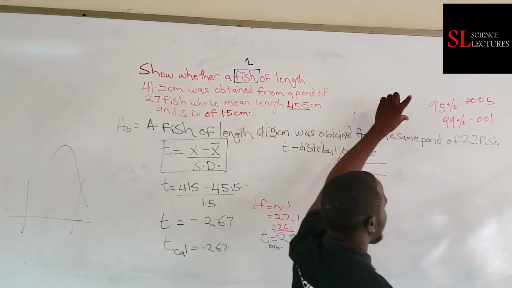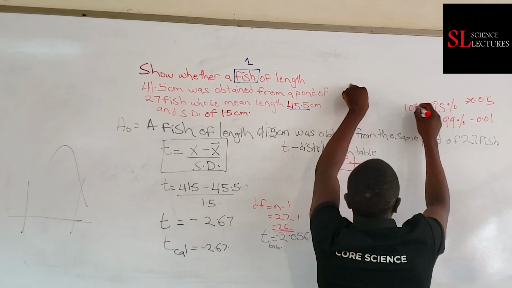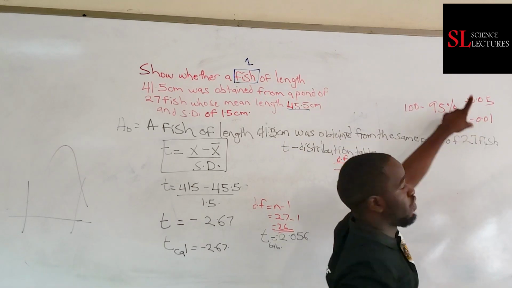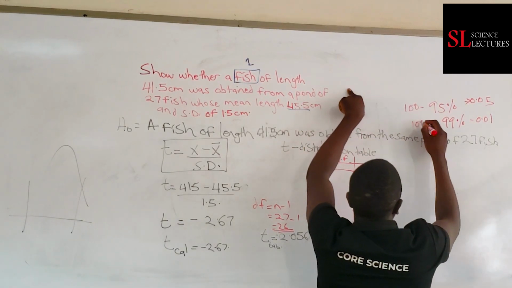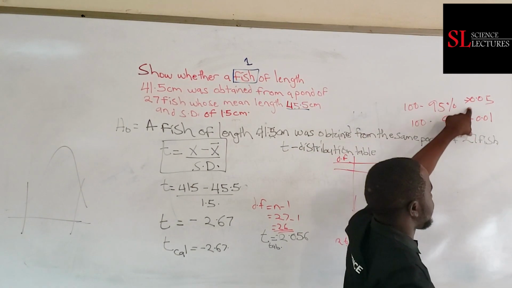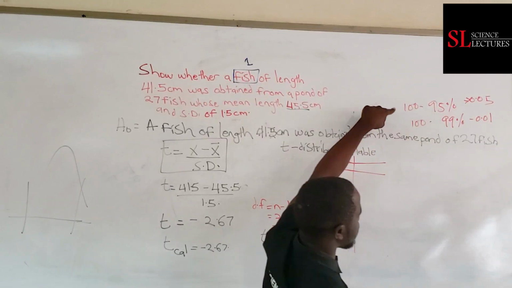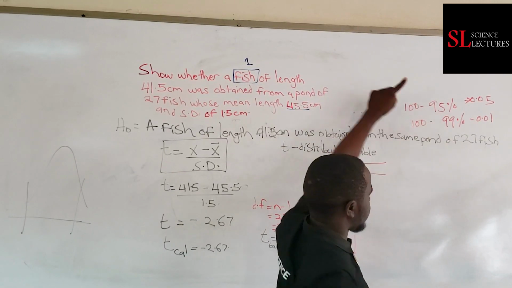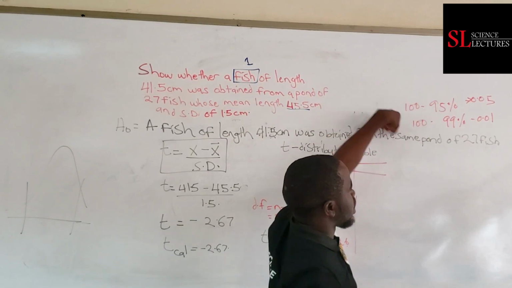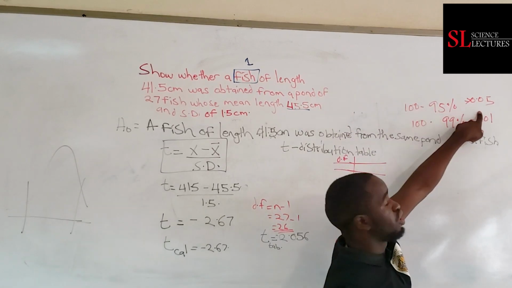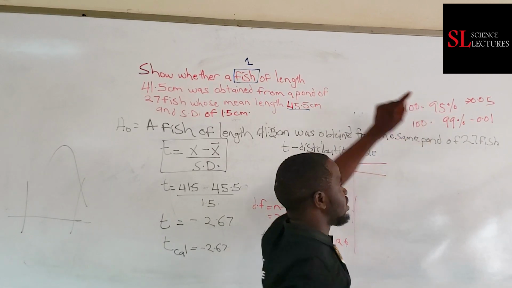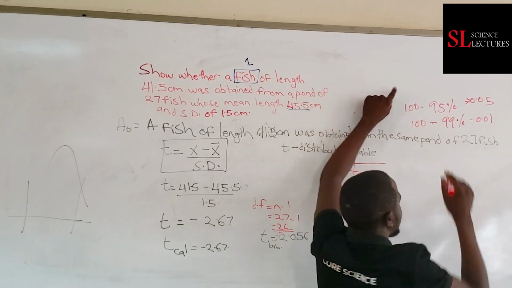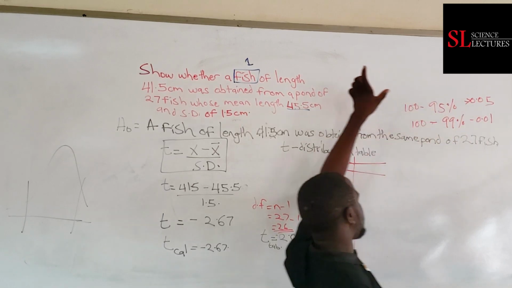How did we get here? 100 minus 95, you get 5, then when you turn it back into terms of 100, you get 0.05. Then 100 minus 99, you get 1. The same thing, that's how you get 0.01.